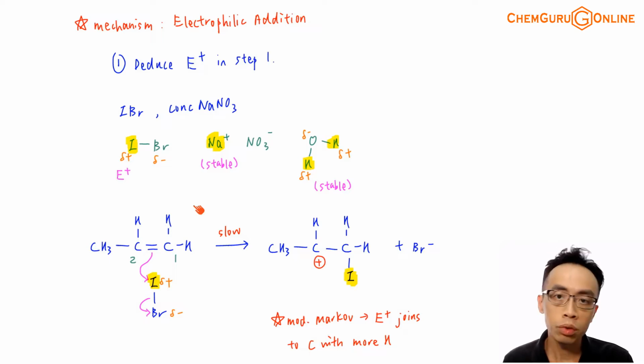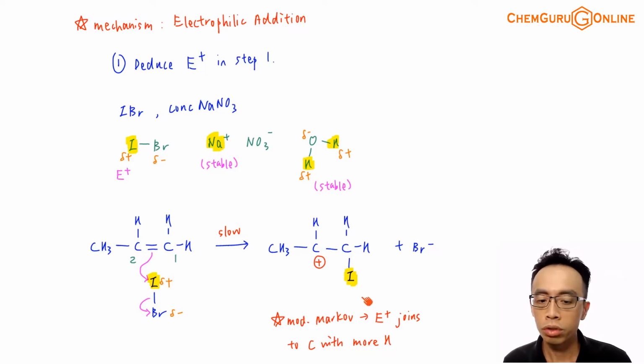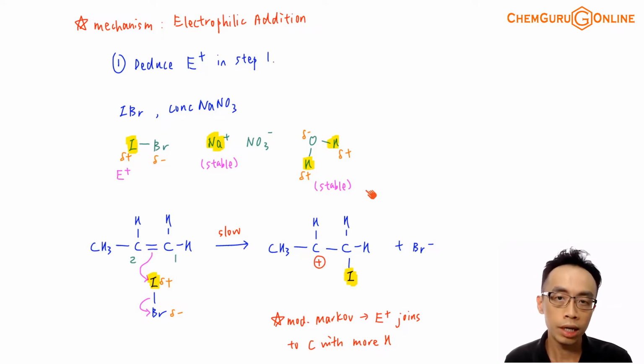If I want to very quickly determine which carbocation is more stable, we can use the modified Markovnikov rule, which is a variation or more general Markovnikov rule. Remember, Markovnikov says that when we are doing electrophilic addition reactions and adding species like HBr, HCl, HOH, which is water, hydrogen will join to the carbon with more hydrogens to give me the major product.